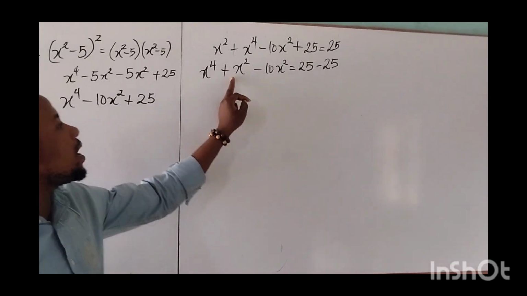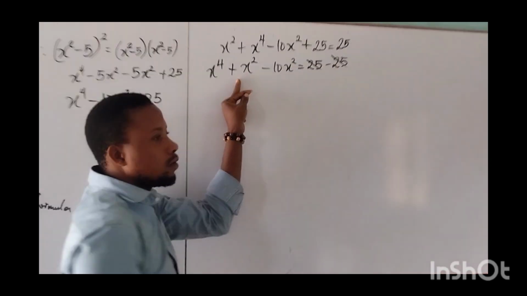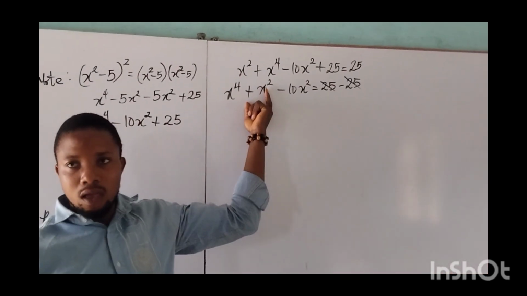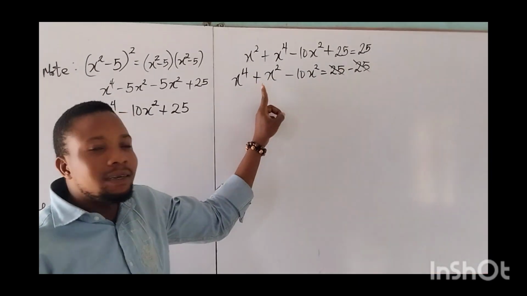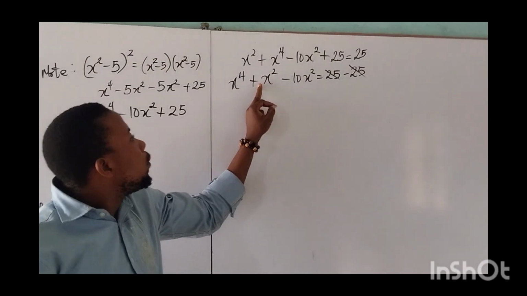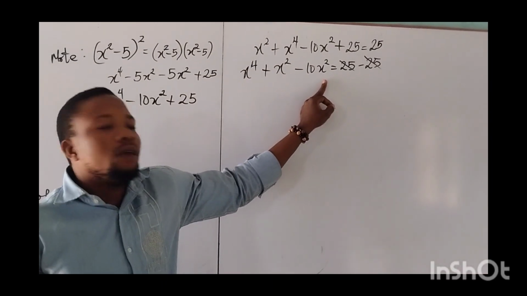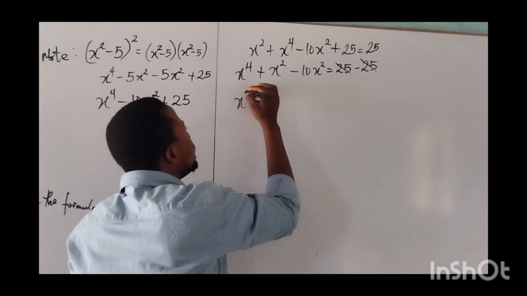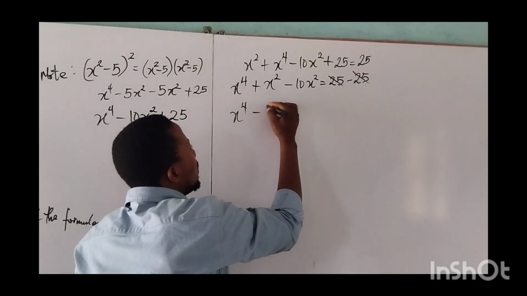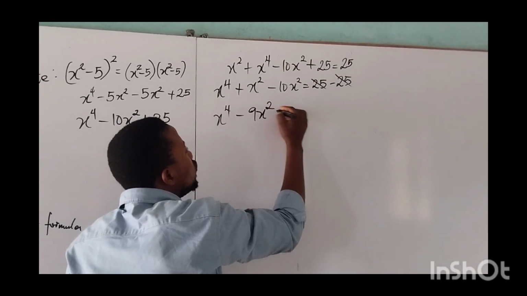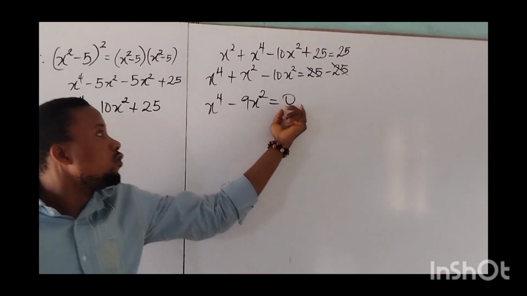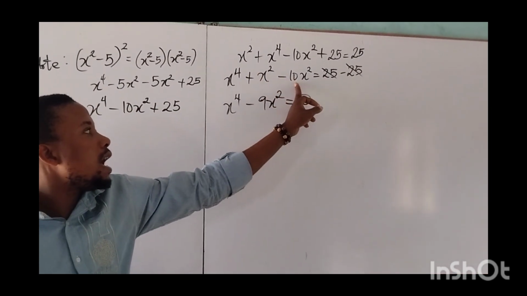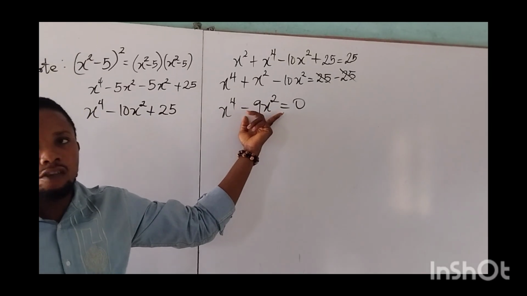But if you look at it carefully, you will discover that this one can cancel this one. Also, you have x squared minus 10x squared, which will give you minus 9x squared. Minus 9x squared rather will be equal to 0, because 25 minus 25 gives you 0.